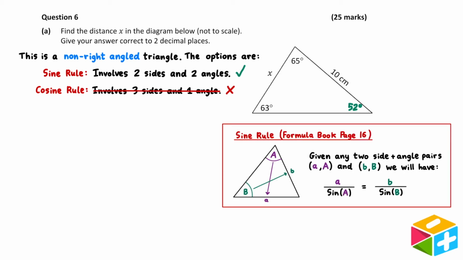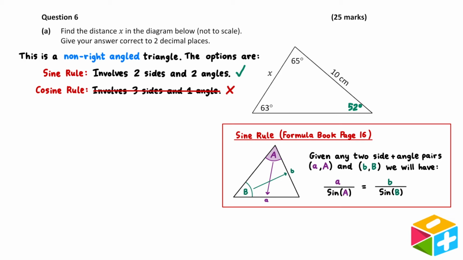This rule can be found on page 16 of the formula book. It says that given any 2 side plus angle pairs, little a capital A and little b capital B, we will have little a over sine of capital A equals little b over sine of capital B. The convention here is that we use capital letters to denote angles and the lowercase equivalent for the side opposite that angle.